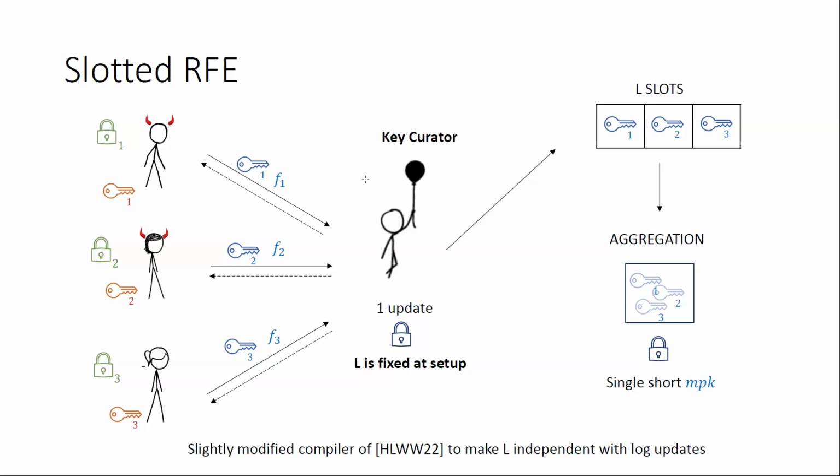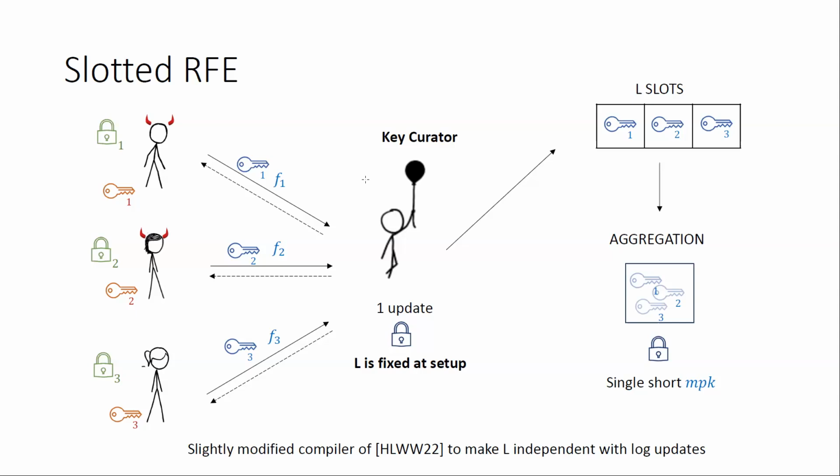All the public keys are indexed in some slot, and then the data structure containing the slots is aggregated with an aggregation algorithm into a single short master public key to be handed to all the players. So here we have only one update, but we are dependent on the number of users.